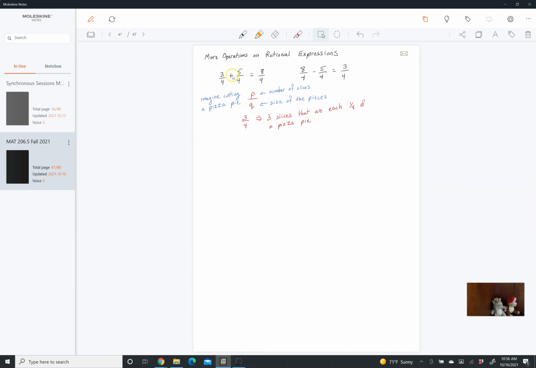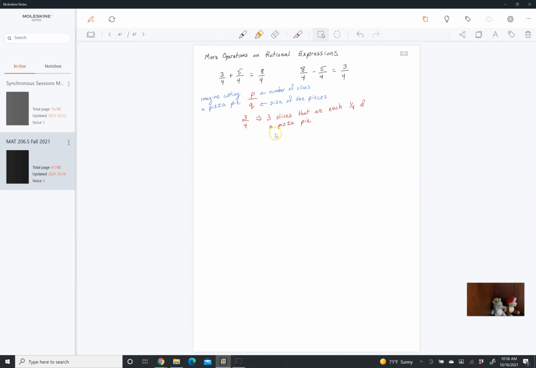So here we have 3 slices, each 1/4. Then we have an additional 5 slices. So what does that mean? That means that we have a total of 8/4 of a pizza pie. And vice versa. If we started off with 8/4 of a pizza pie and we took out 5 of them, we're left with only 3/4 of a pizza pie.